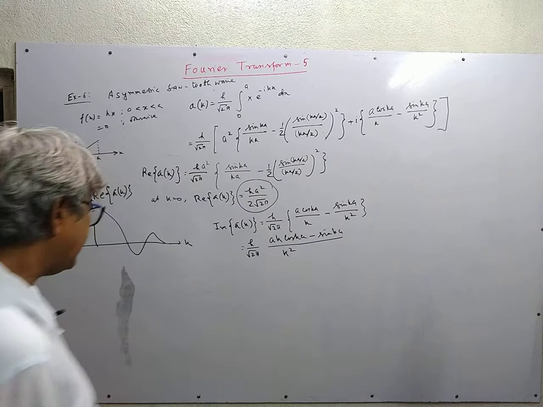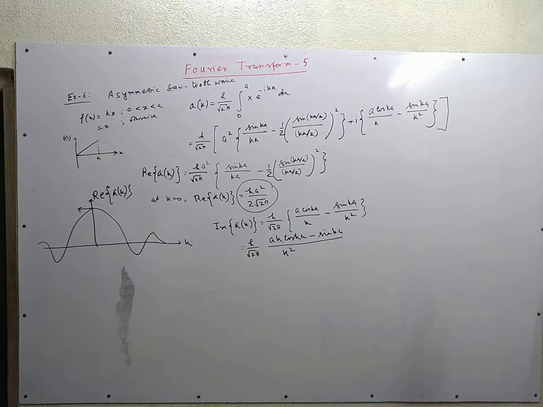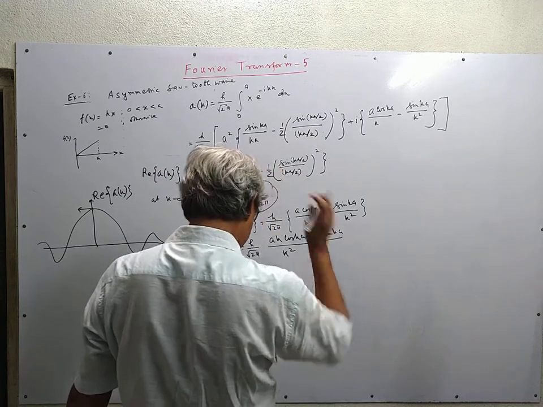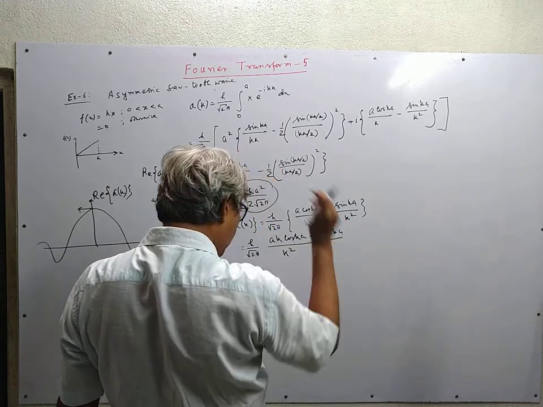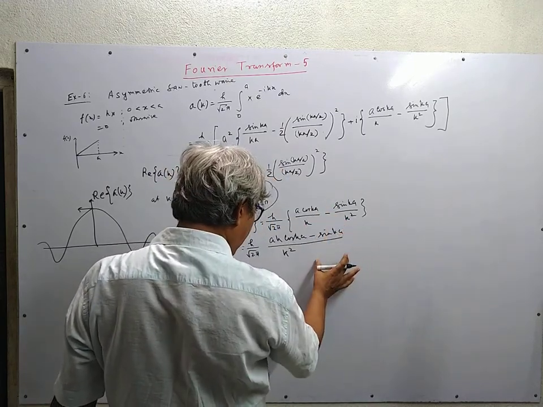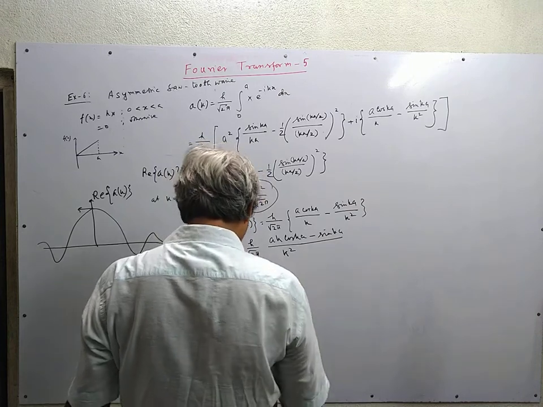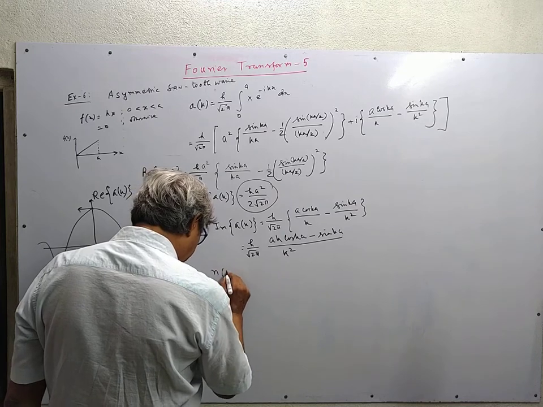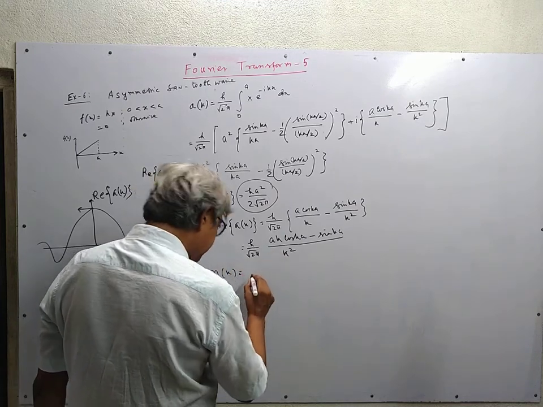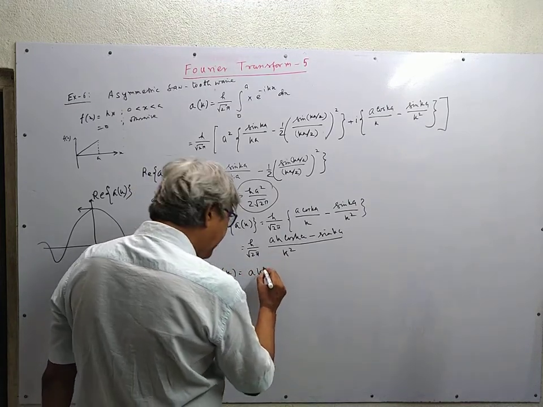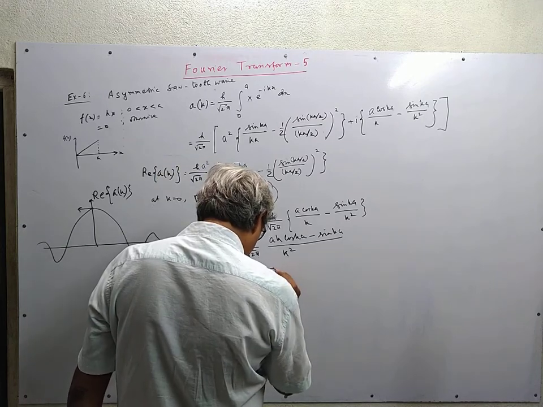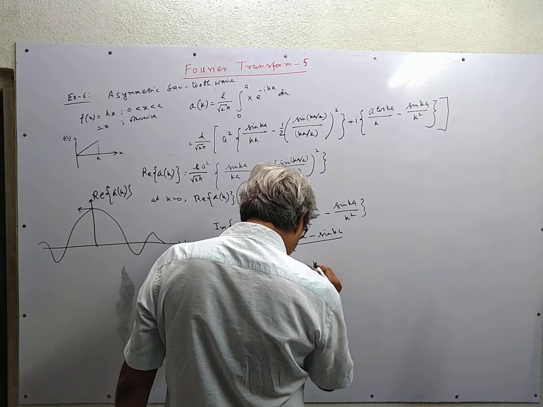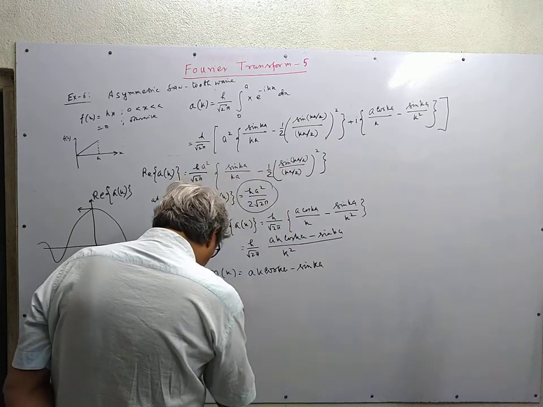To determine the nature of this function at k equal to 0, it seems difficult because this is sin ka by a. So we define the numerator function as N of k equal to a k cos ka minus sin ka, and calculate the derivative of it.